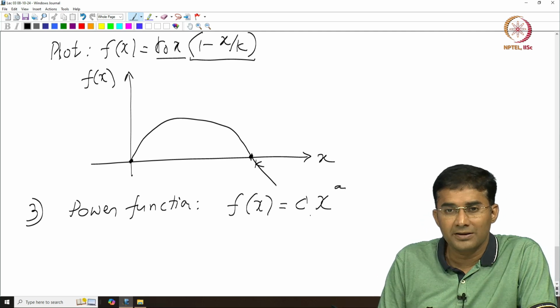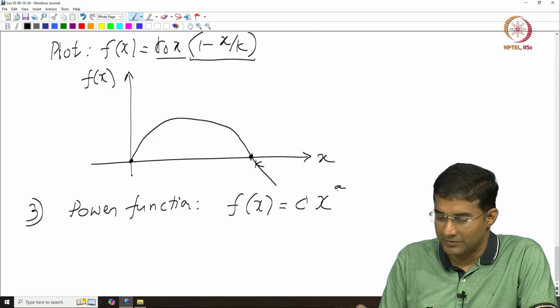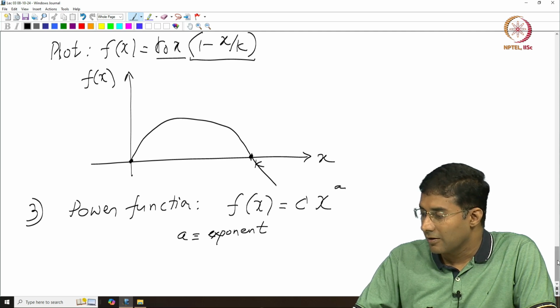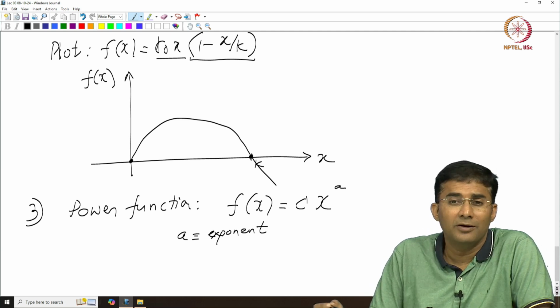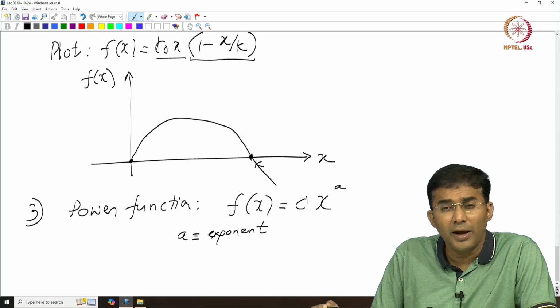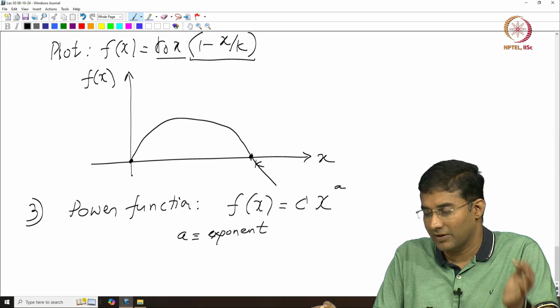We call c a constant, and a is the exponent of the power function. Of course, when a is equal to 1 we have a simple linear equation, when a is equal to 2 we have a quadratic equation, but we can also have non-integer values of a, right.